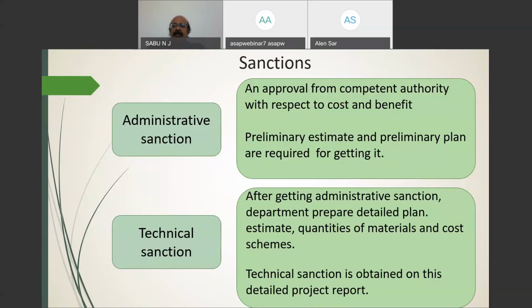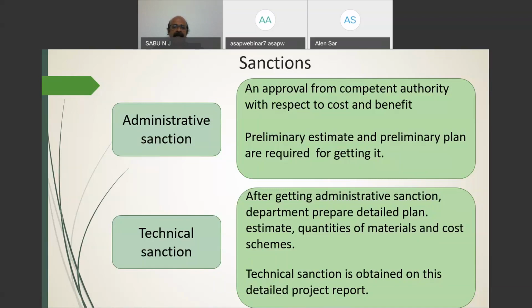This formal acceptance from the competent authority is with respect to cost and benefit. That means the feasibility report, or preliminary report, is submitted by the engineering department to the government, and the cost and benefit are stated in it. If the government sees that it is required for our society, then they will record the sanction. That is the procedure for getting the administrative sanction.